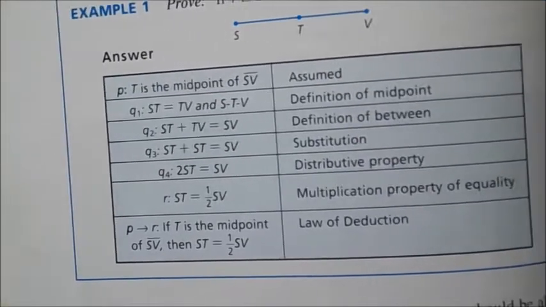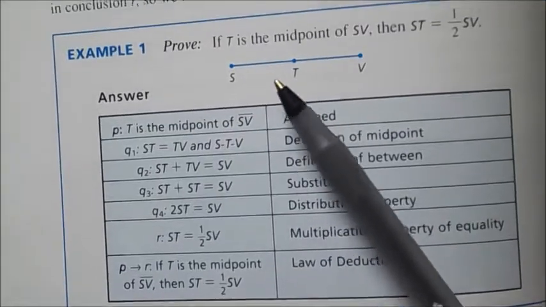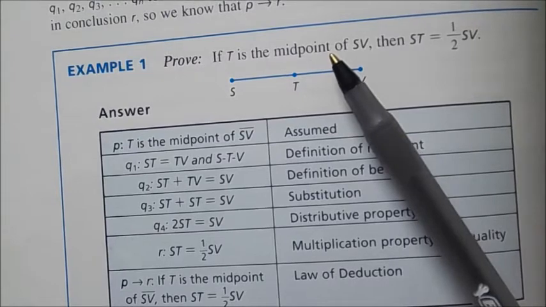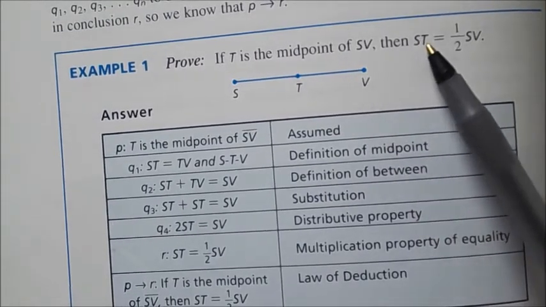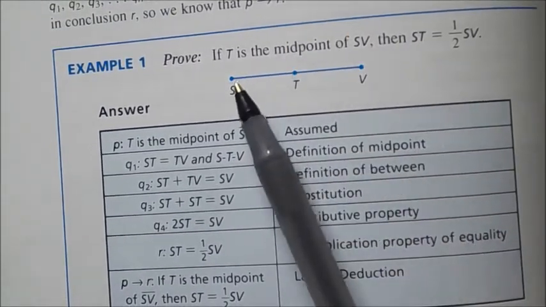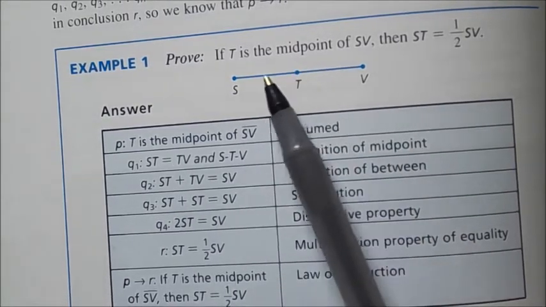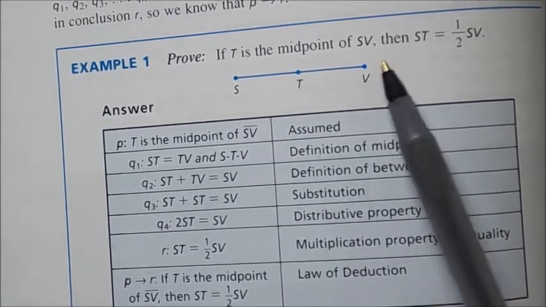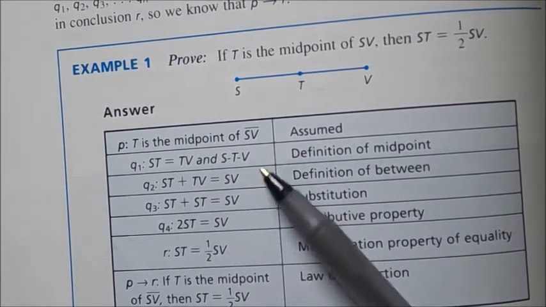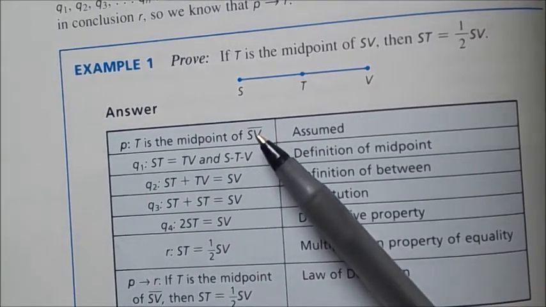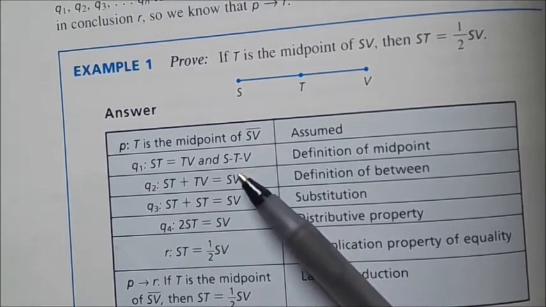So we've done some proofs already. This says if T is the midpoint of SV, then ST is half of SV. So if T is the midpoint here, then this portion ST is half of the full thing. That seems fine. So you get to assume that T is the midpoint.